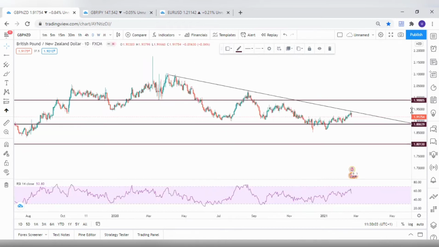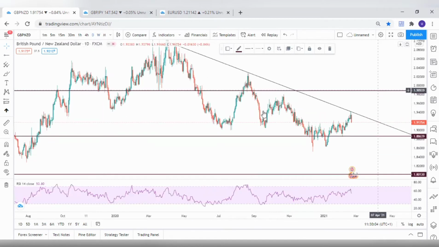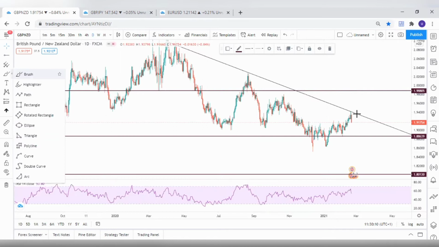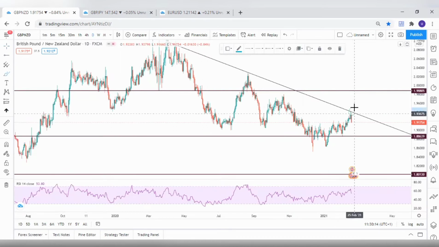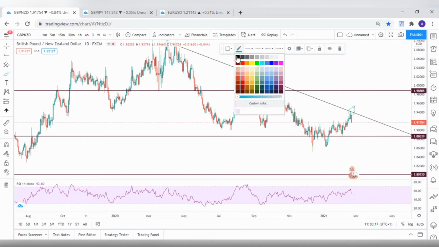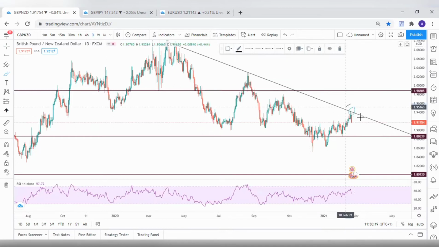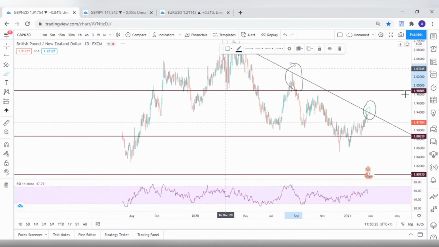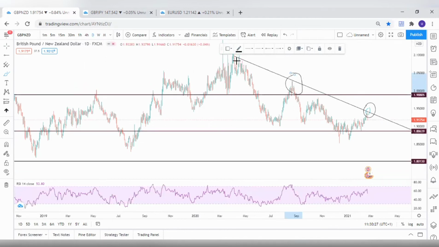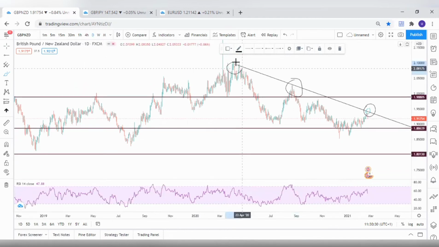As you can see, it's still on a bearish trend, and as you can see in this area, you can see a touch here. Let me make this very visible. There is a touch right here. There is a touch here. There's also some touches right here.